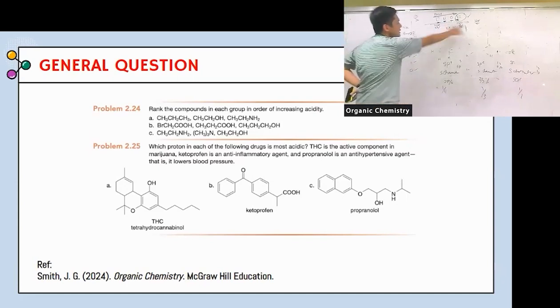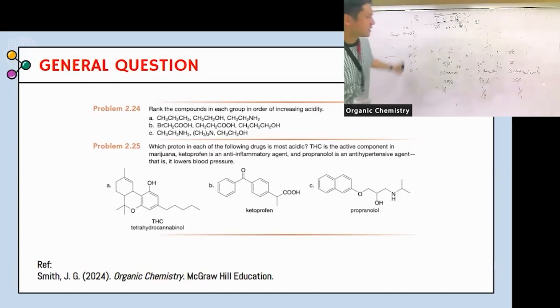So we use this trend to determine which is the more acidic compound. For B, what is the criterion that we use to rank this? Okay, so thank you for answering. That's correct.